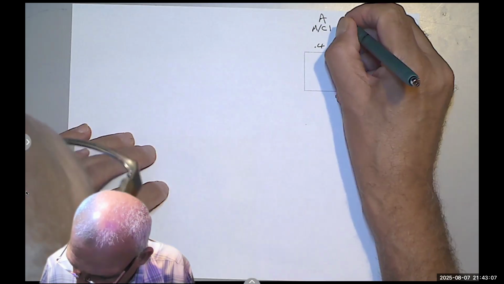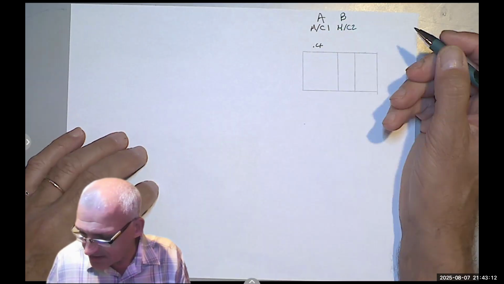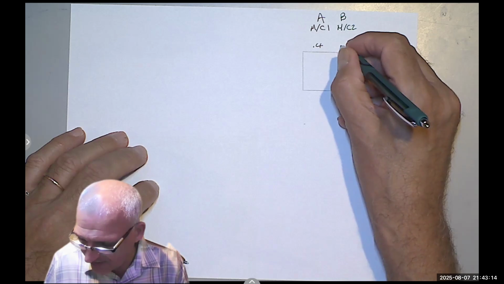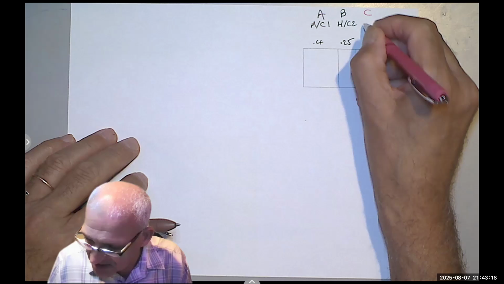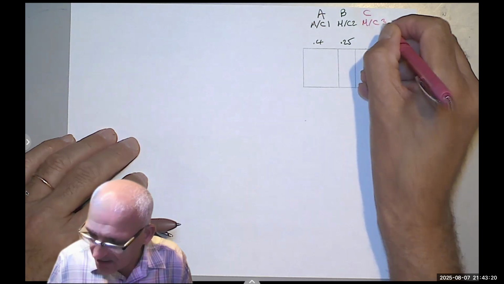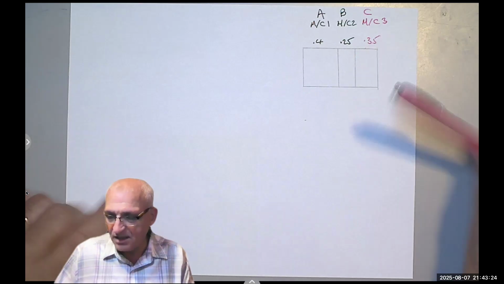Machine B, or machine 2, produces, let's say, 25% of the production, which leaves C, machine 3, producing 35% of the production.